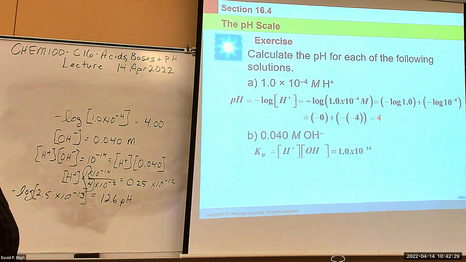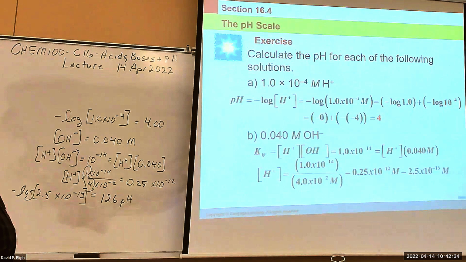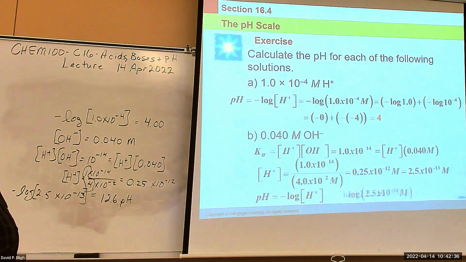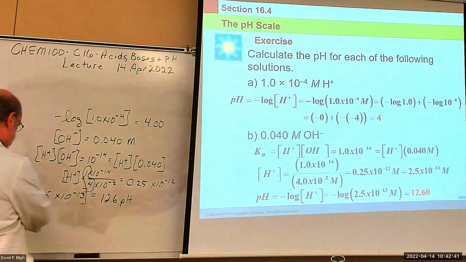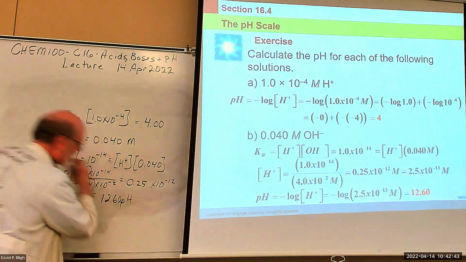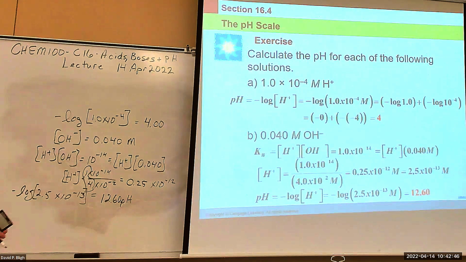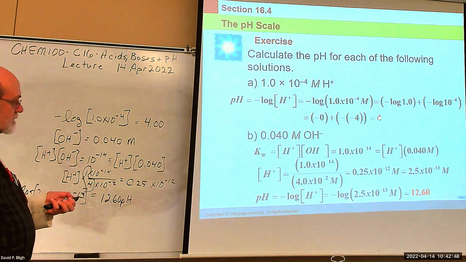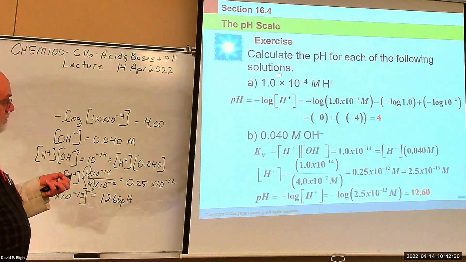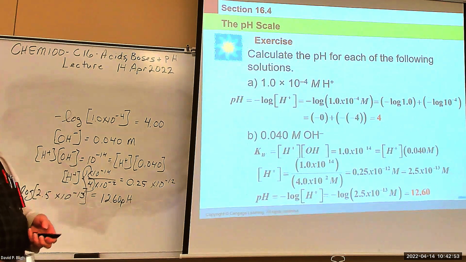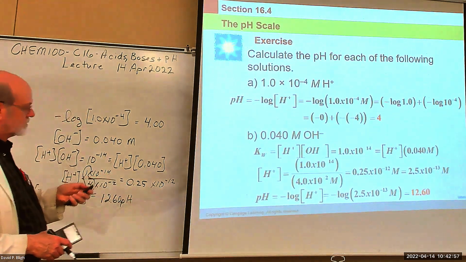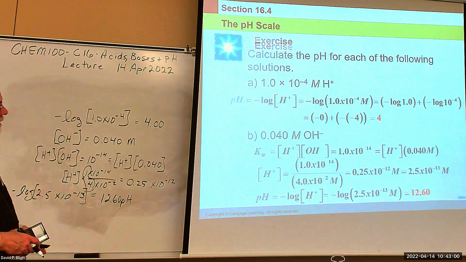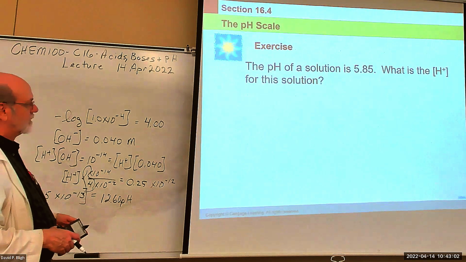This one takes a little doing. There you go. Oh, two significant figures. So I need a 0 here, don't I? There we go. And that 4 actually needs 2 decimals. So that one's wrong. Technically speaking. All right.